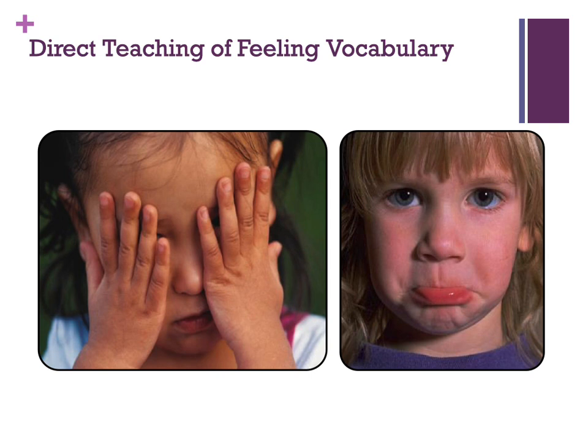Or teachers can directly teach the feeling vocabulary or emotion vocabulary. Teachers can label their own feelings, or notice and label children's feelings as well. So they can directly teach the feeling vocabulary and language.